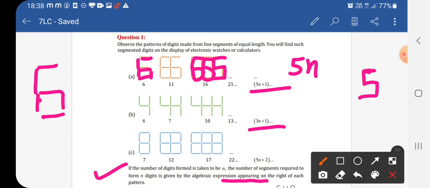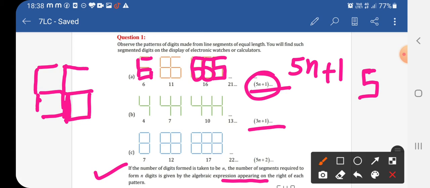And if I make another 6, 1, 2, 3, 4, 5, one segment is required here also, but I don't need it because it is already there. So for this I am just adding 1 to it. That's why we got the expression 5n plus 1.